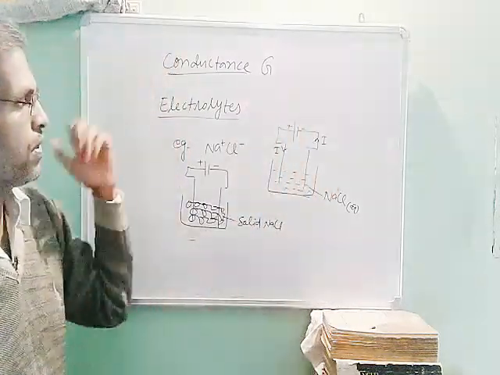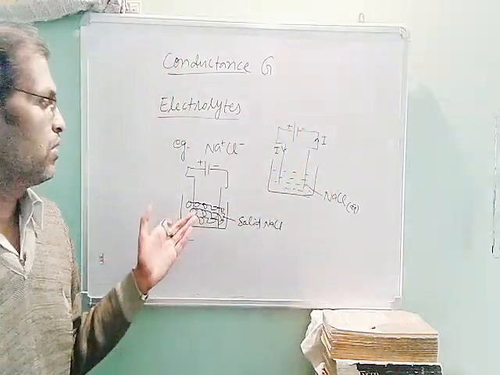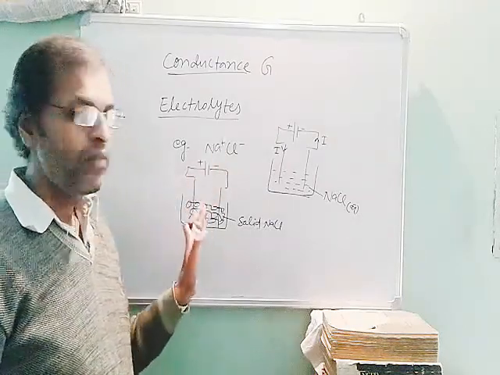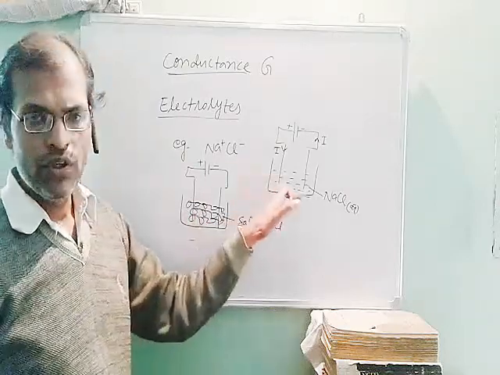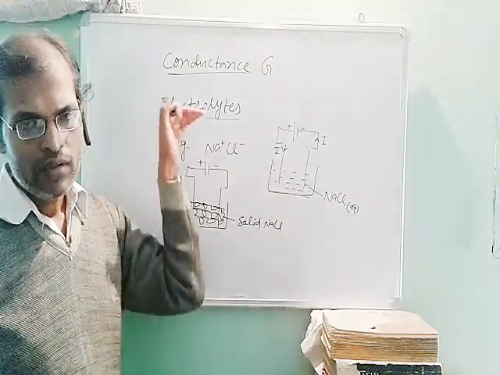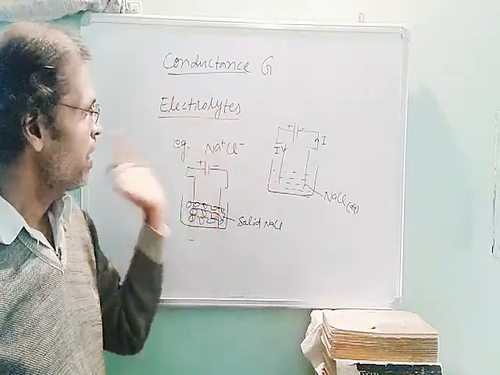So such types of substances that do not allow the current to pass through them in solid form, but in liquid solution form or in molten form, it is possible to pass current through them, are called electrolytes.